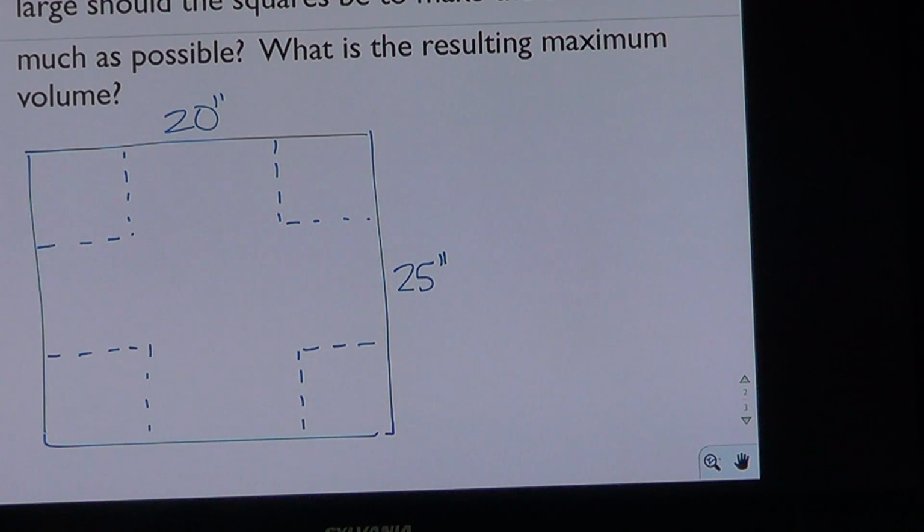Alright, so we need to know, these are squares, and we need to know what x is. X is the length of the side of the square. Okay, so the question is, once I make this into a box, by folding up the sides, what are the dimensions of the box?